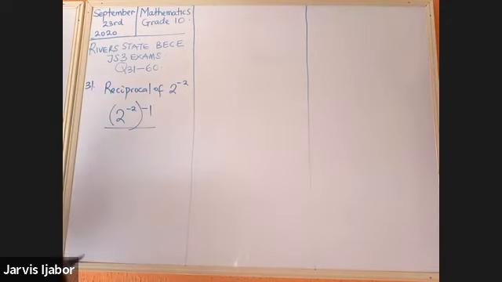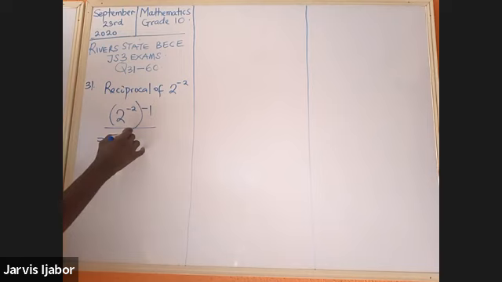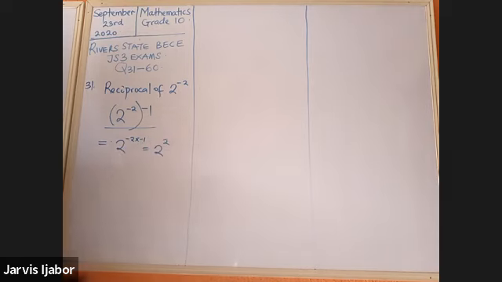So we say reciprocal of that. That's what we technically mean. All right, so this will now be equal to what? 1 over, or from your knowledge of indices, this will be what? 2 raised to the power of minus 2 times minus 1. And that will be equal to what? 2 raised to the power of 2.